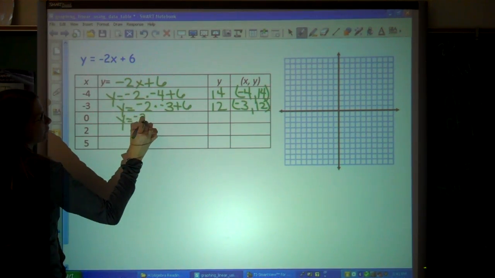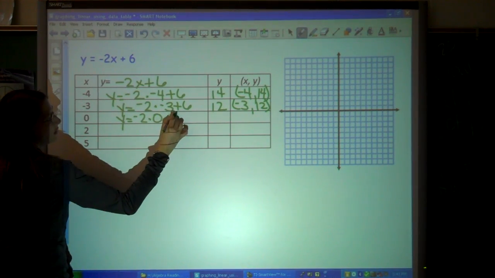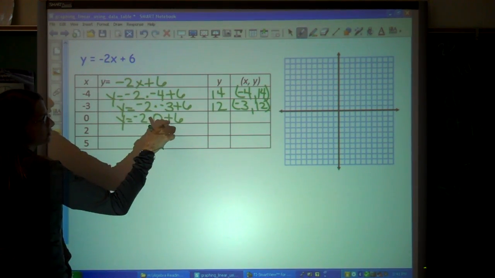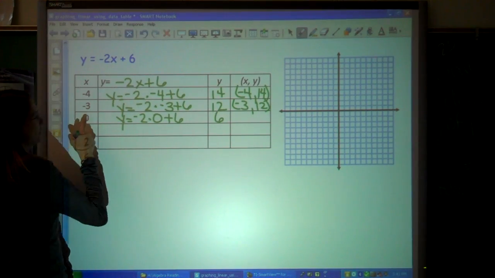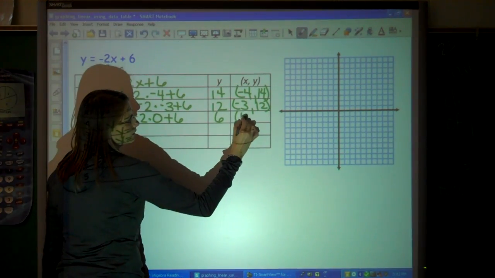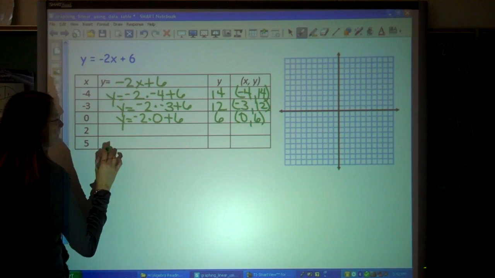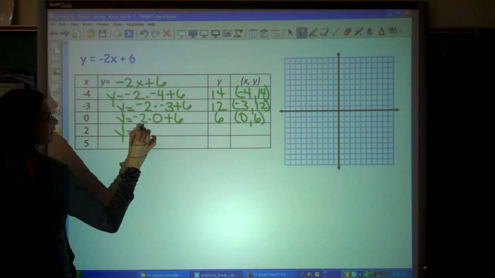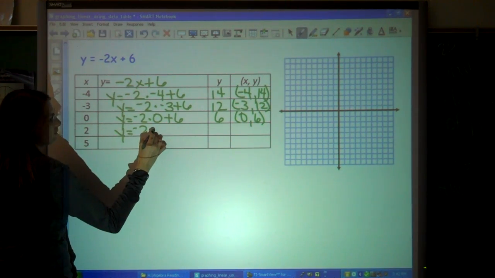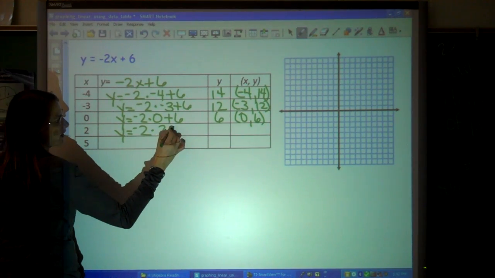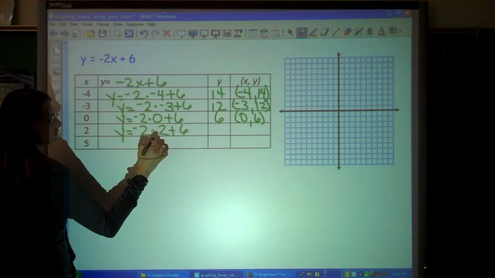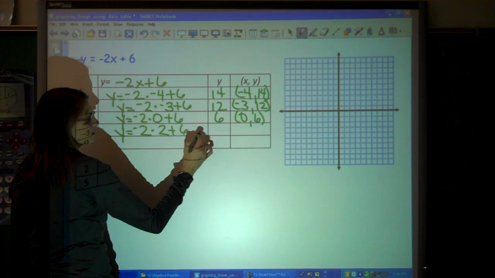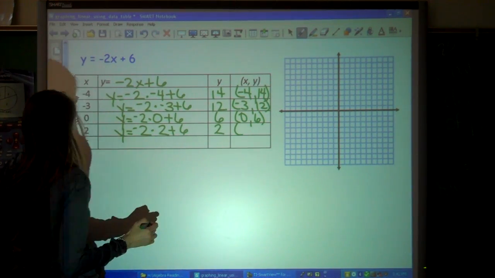I'm going to keep going. y equals negative 2 times x, this time x is 0, plus 6. Negative 2 times 0 is 0, plus 6 is 6. So when x is 0, y is 6. y equals negative 2 times x, x is 2 this time, plus 6. Negative 2 times positive 2 is negative 4, plus 6 is a positive 2.